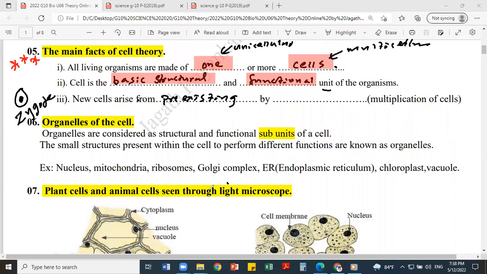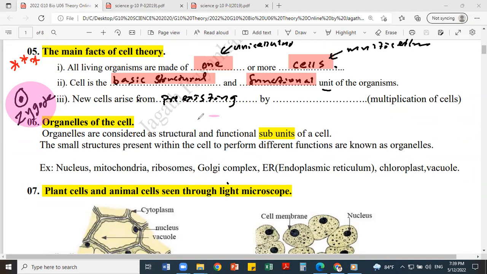What has happened for about 10 months? During 10 months, or the 40 weeks of the pregnancy period, this zygote inside the mother's womb keeps on dividing, producing a large number of cells. Now you can see new cells arise from pre-existing cells, from previous cells. New cells are produced from pre-existing cells by cell division.